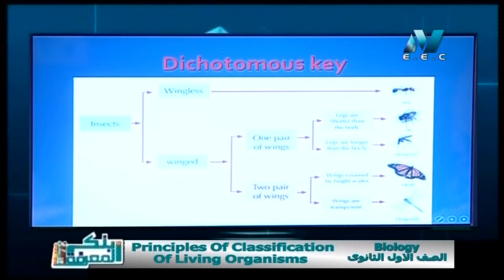Or another group has wings which are not covered with bright scales, or the wings are transparent, like the dragonfly. So again, in this way of classification, each time we find a principle or a characteristic on which we can classify the groups of organisms.